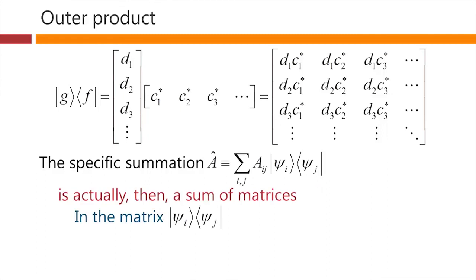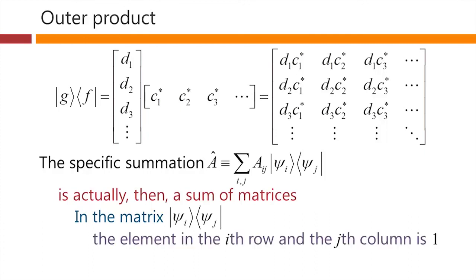And in this matrix, this specific one, psi i as a ket vector and psi j as a bra vector, the element in the ith row and the jth column is 1, since these are basis functions here, and presumably orthonormal basis functions. And all the other elements in this particular matrix would actually be 0, at least if we're writing this matrix using this basis psi i.